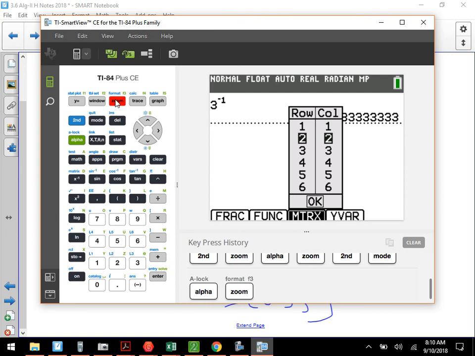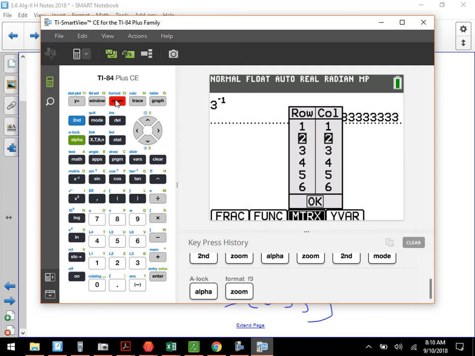Alpha Zoom is a shortcut, and it's talking about rows and columns. So the first thing I'm going to do is I have to put in my solution column matrix. What was it? 4, 11, negative 1, I think. So it was 3 rows, 1 column.